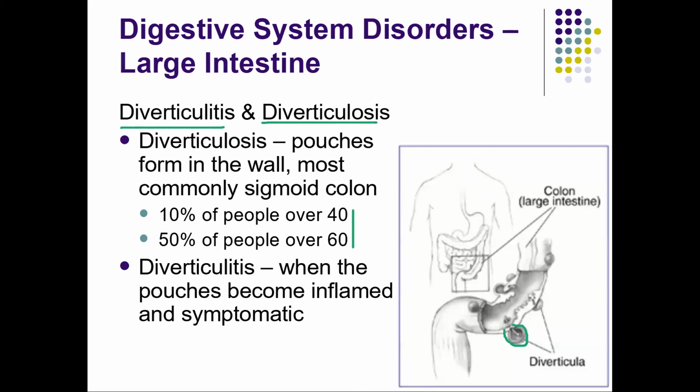In diverticulitis, on the other hand, the pouches become inflamed and they start to hurt. So they haven't popped yet. So diverticulosis, the pouches, can lead to diverticulitis. Either way, you have to go in, this is surgery again, cut off the pouches, and then sew your colon shut. So that's also surgery.